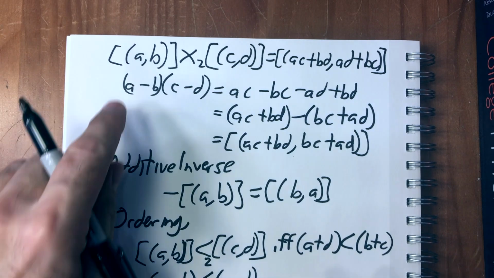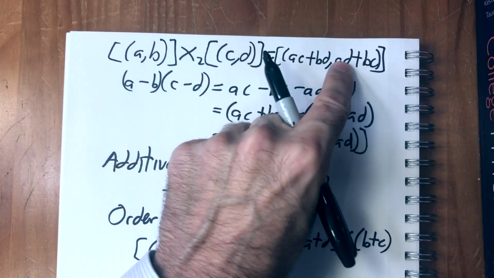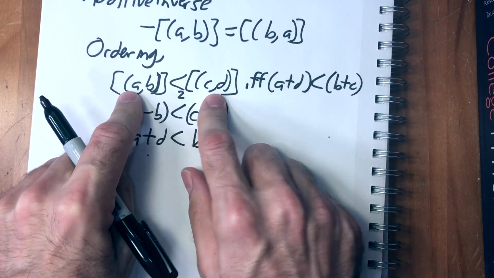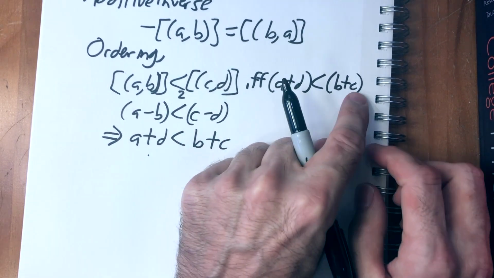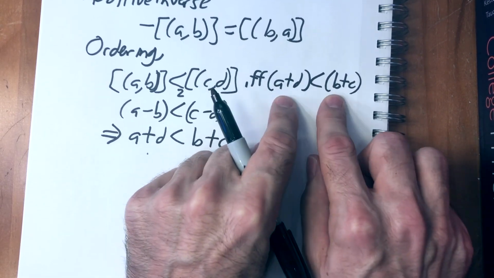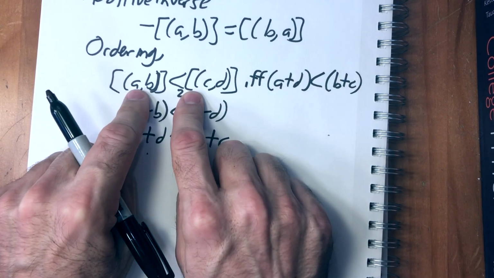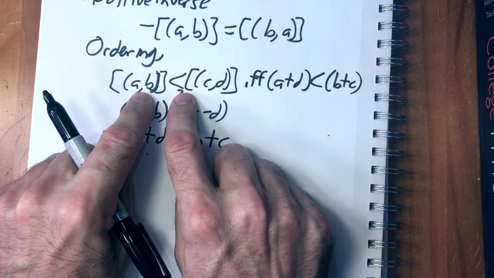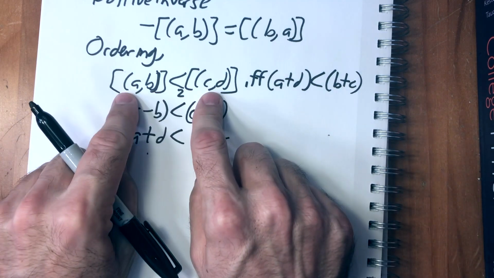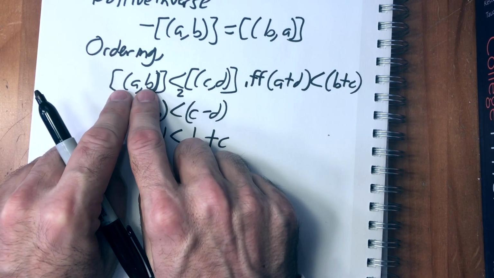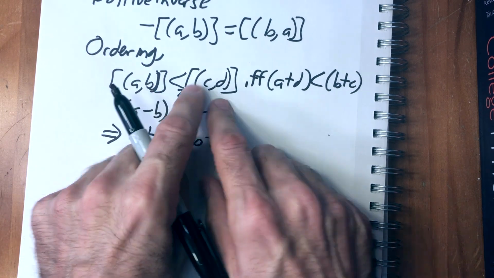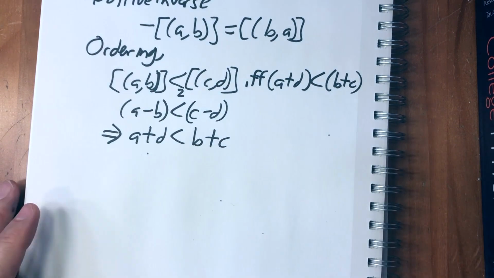We're setting this times this means this, and this less than this means that a plus d is less than b plus c, because this is all in the naturals. So this ordering works. So one of these might be a, quote, negative number if b is bigger than a, but we can still see that (a, b) is less than (c, d) if a plus d is less than b plus c.